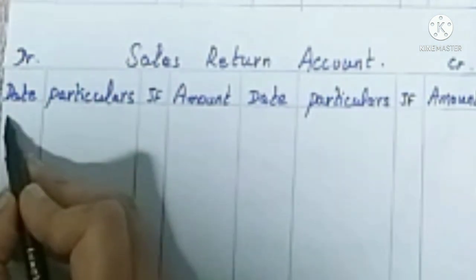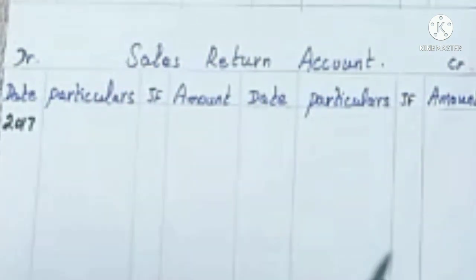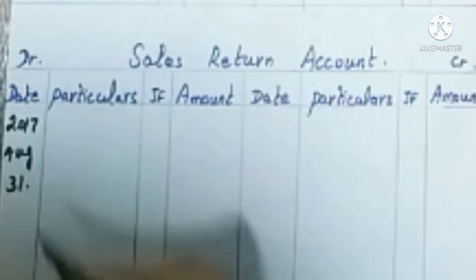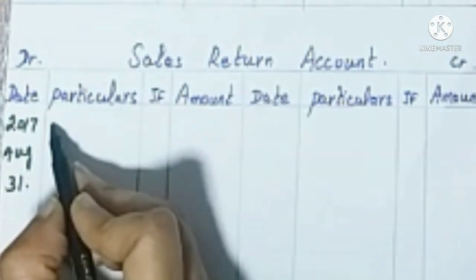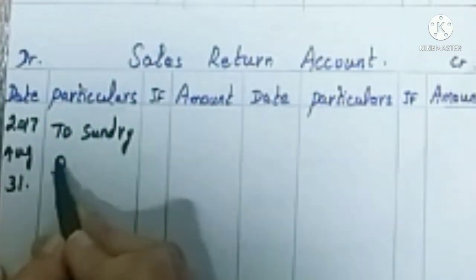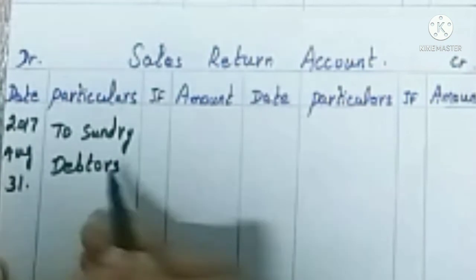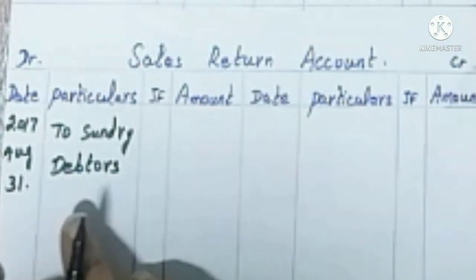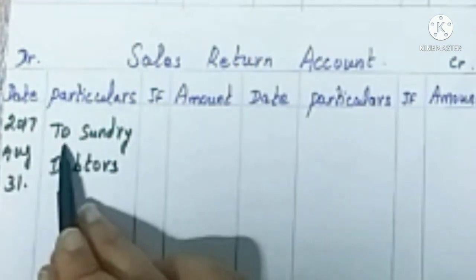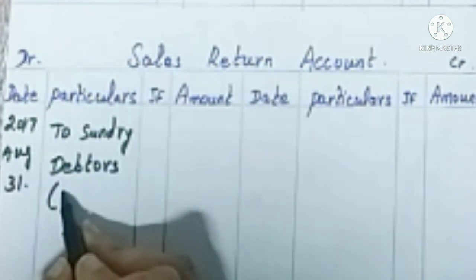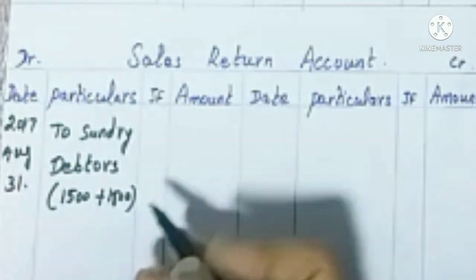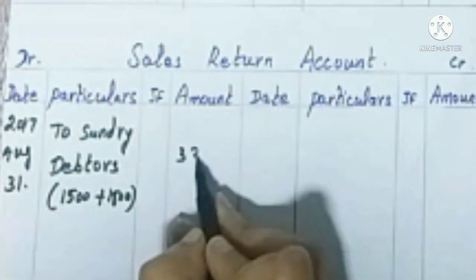Date is 2017 August 31, to sundry debtors. Because we already know that Sendil and Madhavan are all debtors to us, we simply write to sundry debtors in brackets 1,500 plus 1,800. Amount is rupees 3,300.